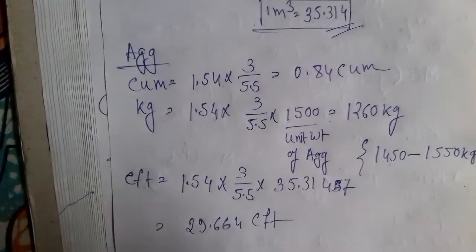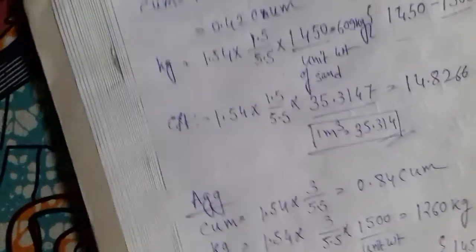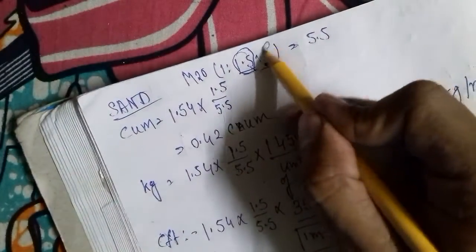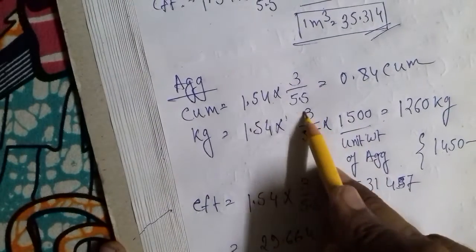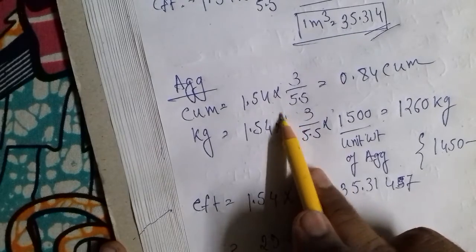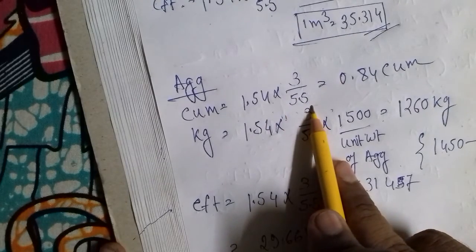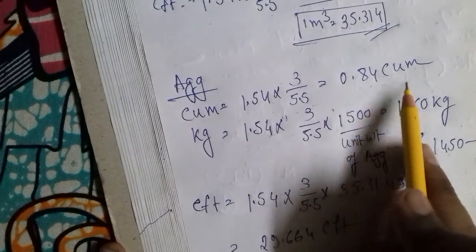And aggregate is the same process, and this is the coarse aggregate. So coarse aggregate means 3 by 5.5, 1.54 into 3 by 5.5, so we get 0.84 cubic meter.